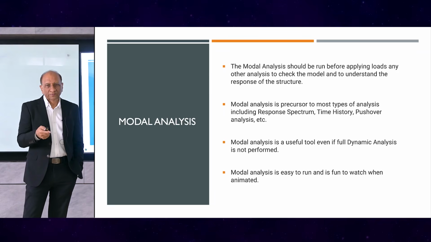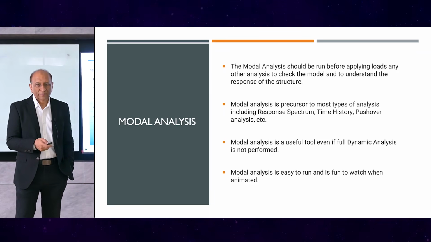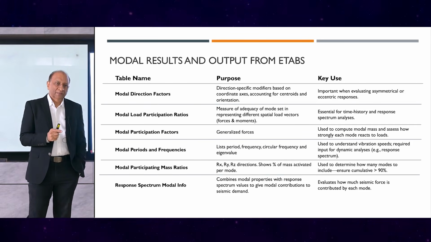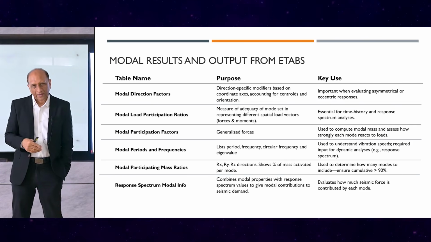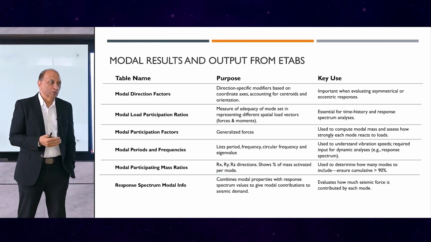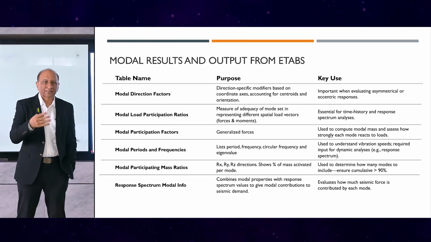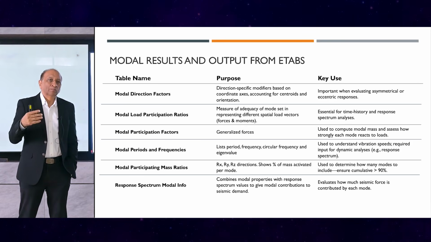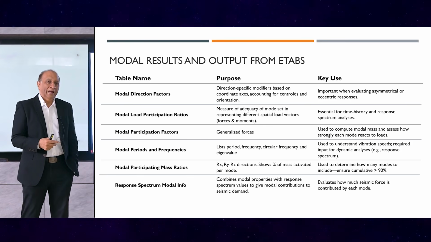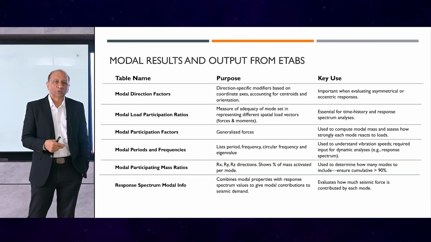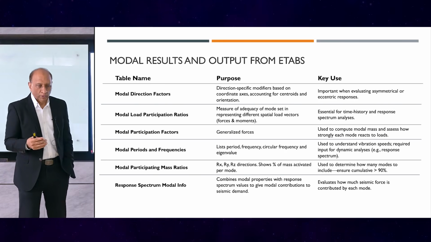And as you know, these animations are always fun to watch. From ETABS, you can get a lot of data, and they keep adding more rows. Before there used to be only 3 rows, now there are 5, 6, 7 rows. They keep adding more information that can be extracted from the modal analysis, and there are some interesting things added recently which lead to the higher mode computations.